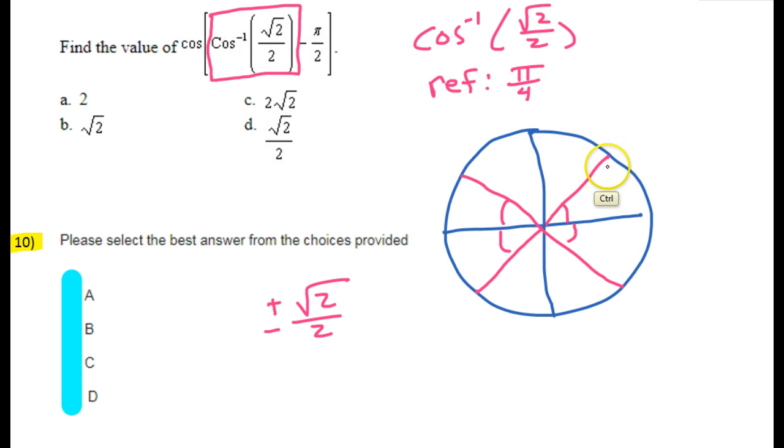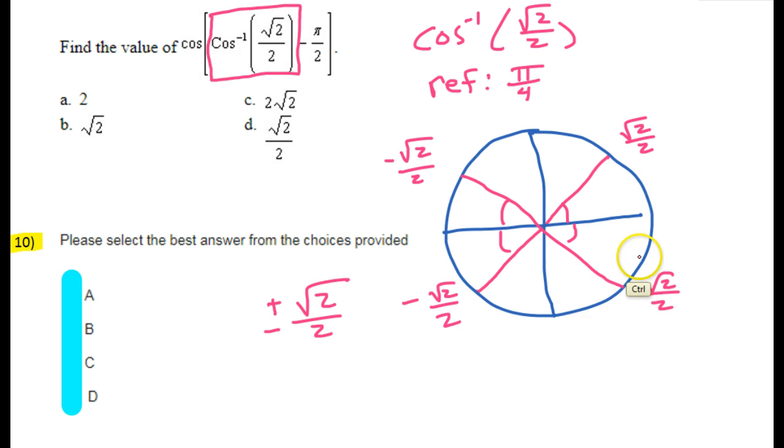Well, cosine is an x value, so cosine will be positive radical 2 over 2 in these two positions, and it will be negative radical 2 over 2 in these two positions. So in this case, we want a positive radical 2 over 2.